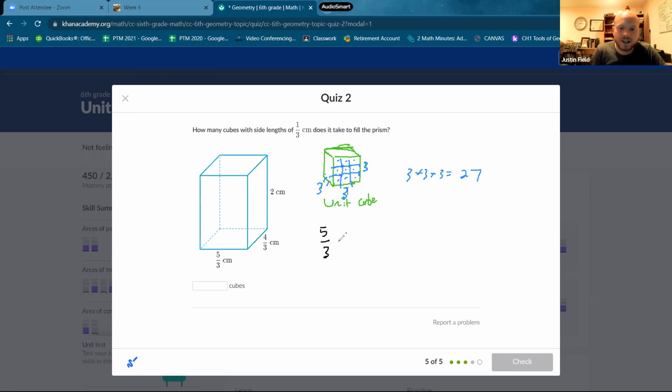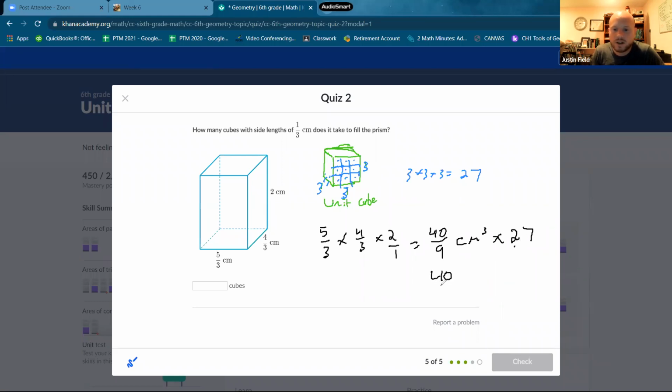All right, so let's do this one so that you believe it, because you probably think multiplying by 27 seems made up. Okay, so 5 times 4 is 20, times 2 is 40. 3 times 3 is 9. So the volume of the figure is 40 over 9 centimeters cubed. But to get the little cubes, we have to multiply that by 27.